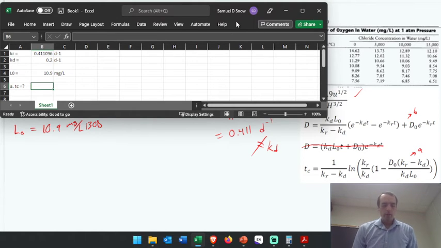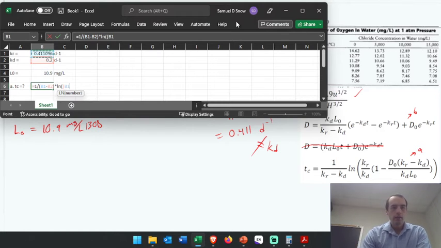So this would just be an issue then of writing out this equation, which I'll do here. 1 over KR minus KD times natural log of KR over KD times 1 minus the initial deficit, which we said was 1.5 from the last problem.